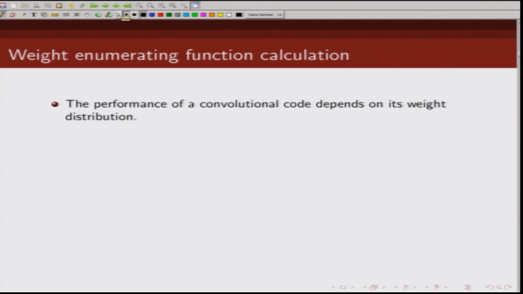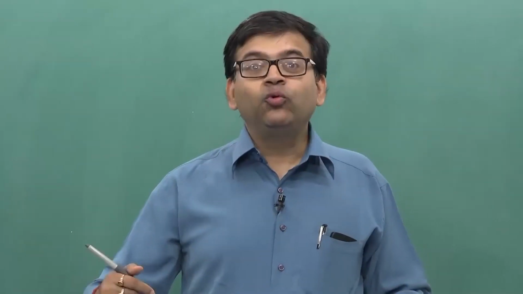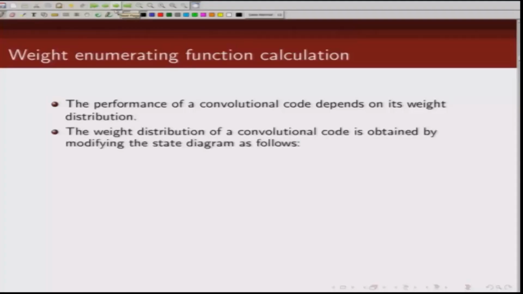We know that the performance of any convolutional code depends on its weight distribution, and that is why we are interested in finding the weight distribution of a convolutional code. In this lecture we are going to talk about a method based on Mason's gain formula to compute the weight distribution. First we are going to modify the state diagram of the convolutional code.